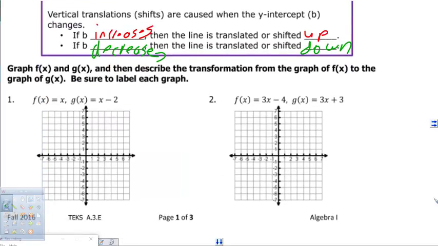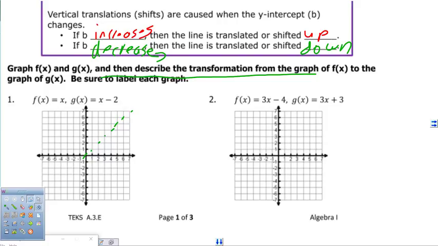Alright. So now it's going to ask us to graph some of these, and then describe the transformation from the graph. So number 1. Very simple. We go ahead and graph f of x, which is just x.